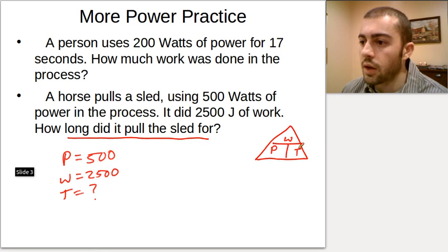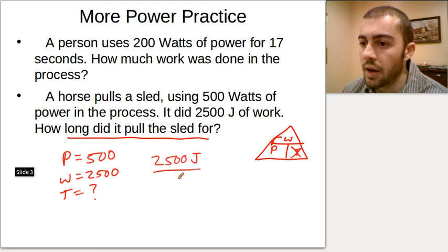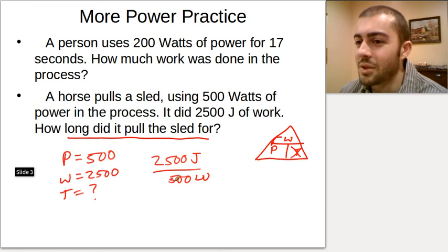The math gets a little complicated for this. We have power equals work over time in the triangle. We're looking for time, so we're going to do work divided by power. So we would do 2,500 joules divided by the power of 500 watts, and we would just divide these out and end up with 5 seconds.